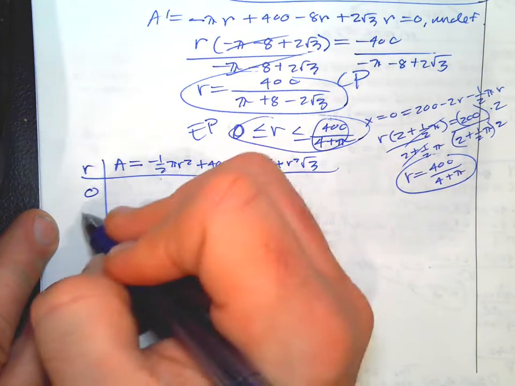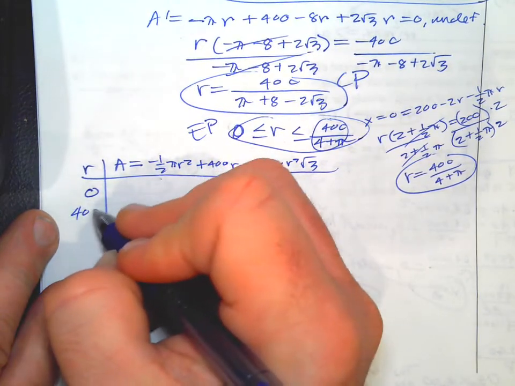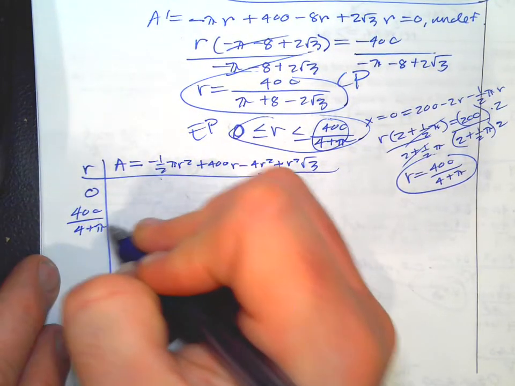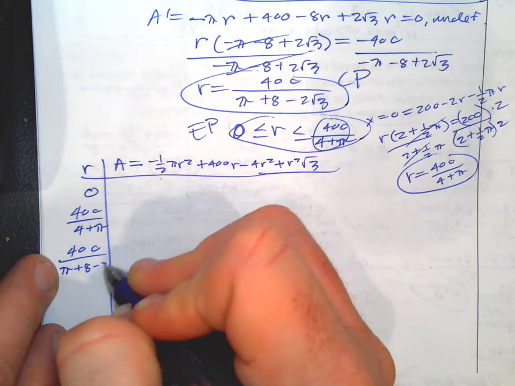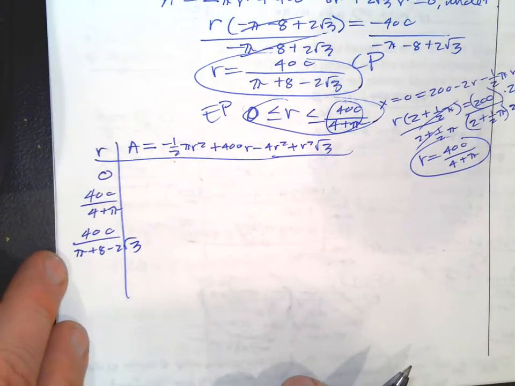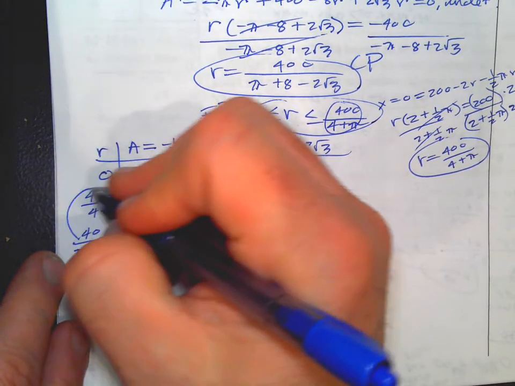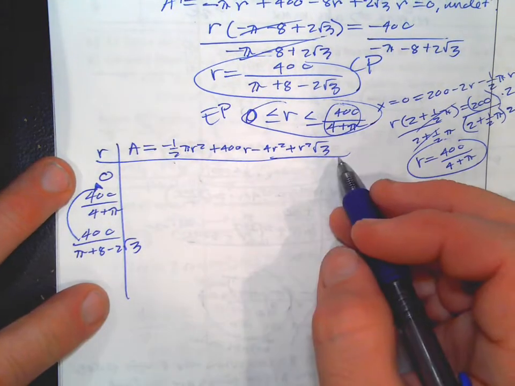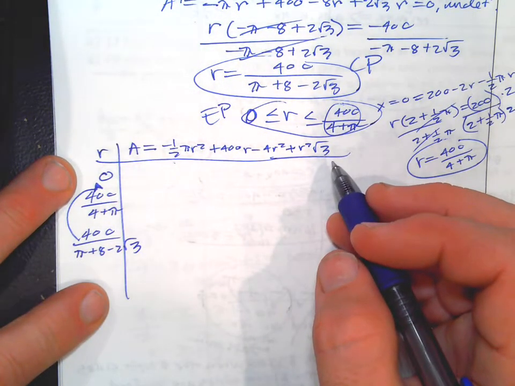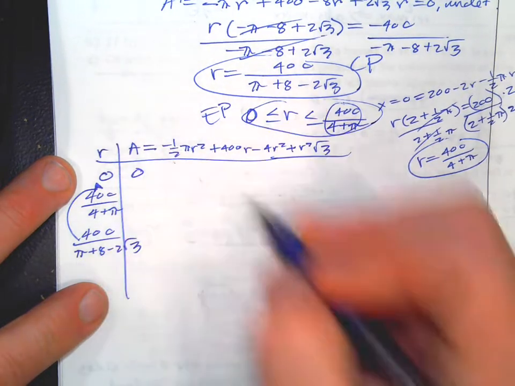Okay: 0, 400 over 4 plus pi, and 400 over pi plus 8 minus 2 root 3. So we're going to plug each of those in. Actually, this goes here; you got the order wrong. That's the critical point. Plug 0 in. The area is 0. That's the back and forth shot.